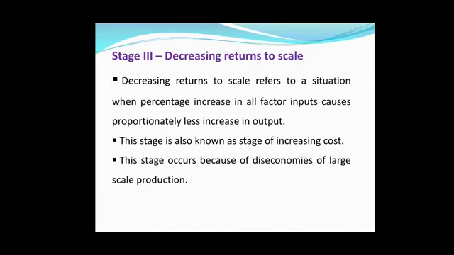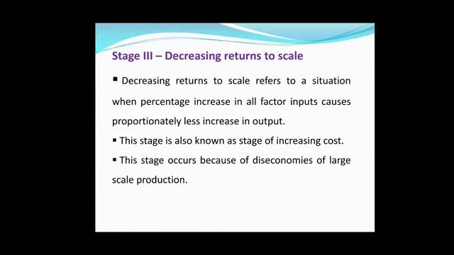For example, if the amount of inputs is doubled and the output increases by less than double, or we can say that a 10% increase in inputs leads to a 5% increase in output, or the percentage increase in output is less than the percentage increase in inputs. This type of return is known as decreasing returns to scale.